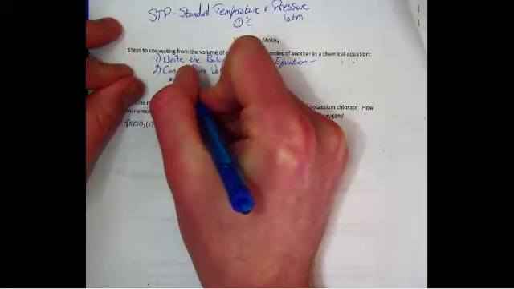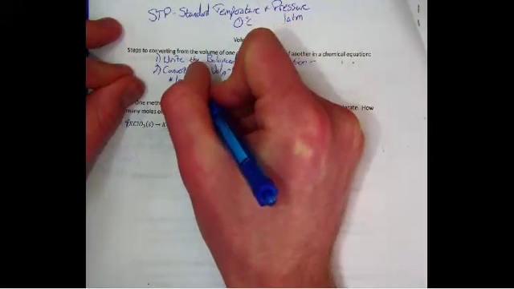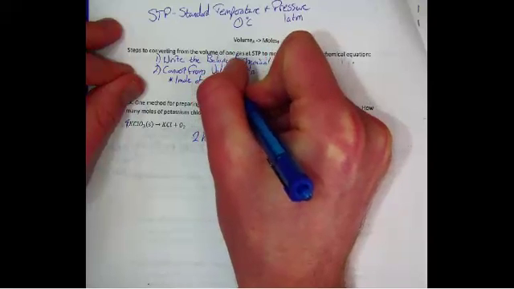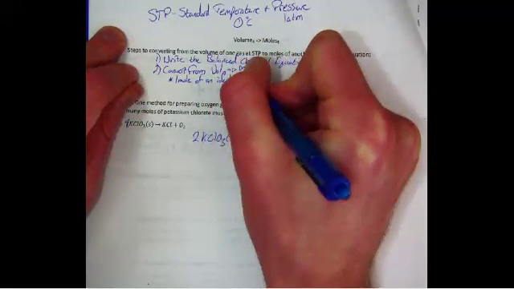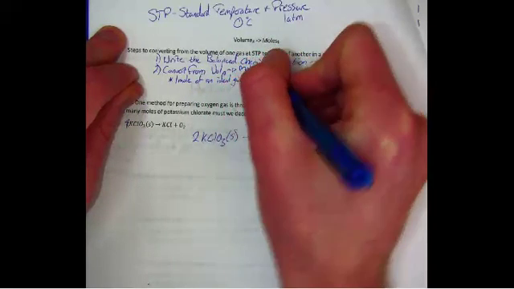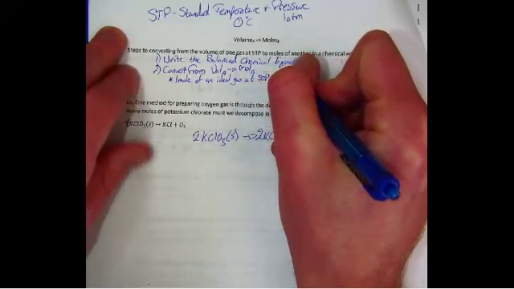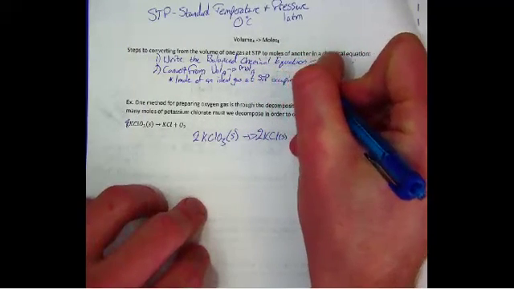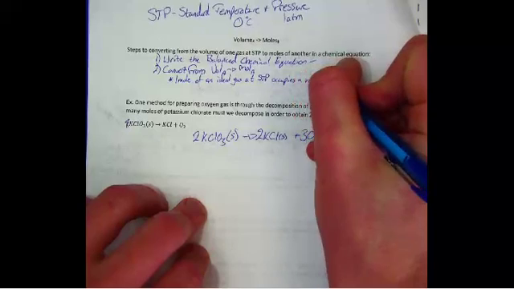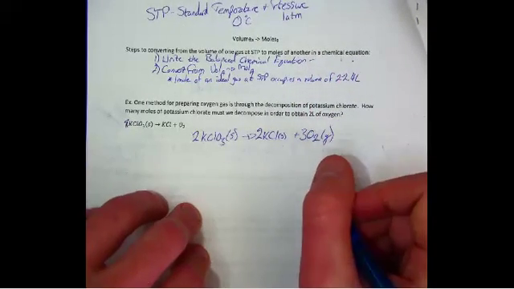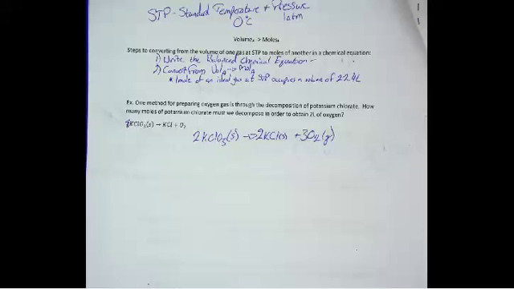Chemists have determined that 1 mole of an ideal gas at STP occupies a volume of 22.4 liters. All right. Using that sentence, that gives us our conversion ratio.